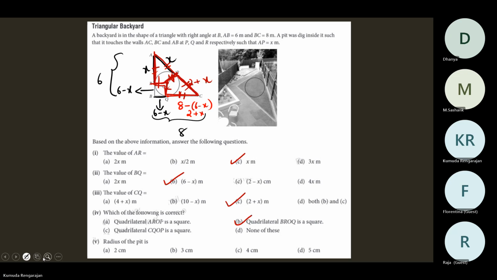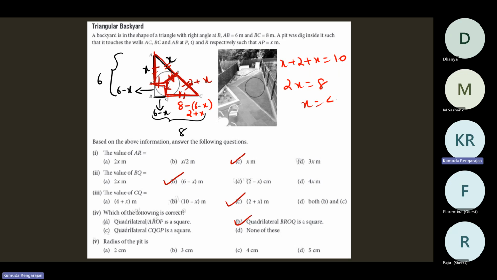All right. And the radius of the pit is? What's the radius of the pit? It is equal to 10, correct? We need to find AC using Pythagoras theorem. So x plus 2 plus x is equal to 10. So 2x is equal to 8.